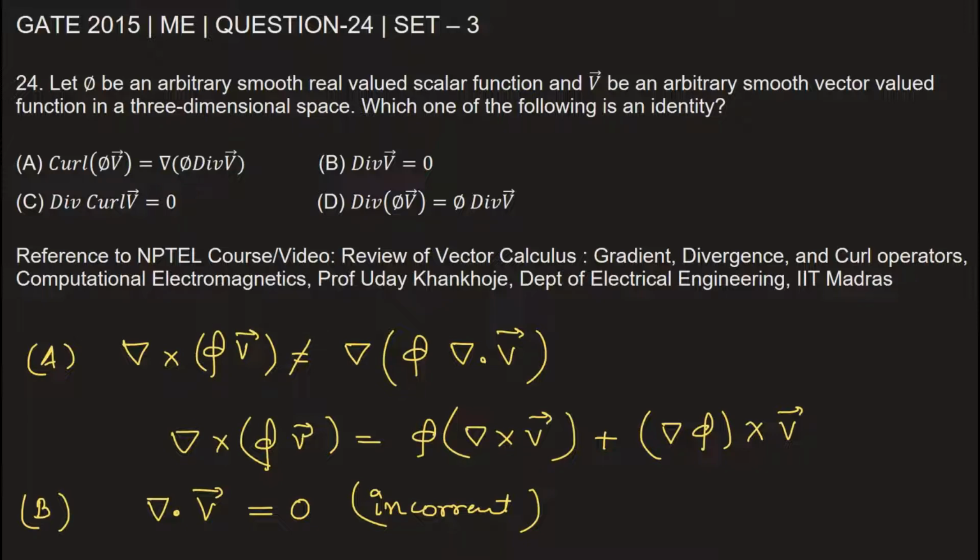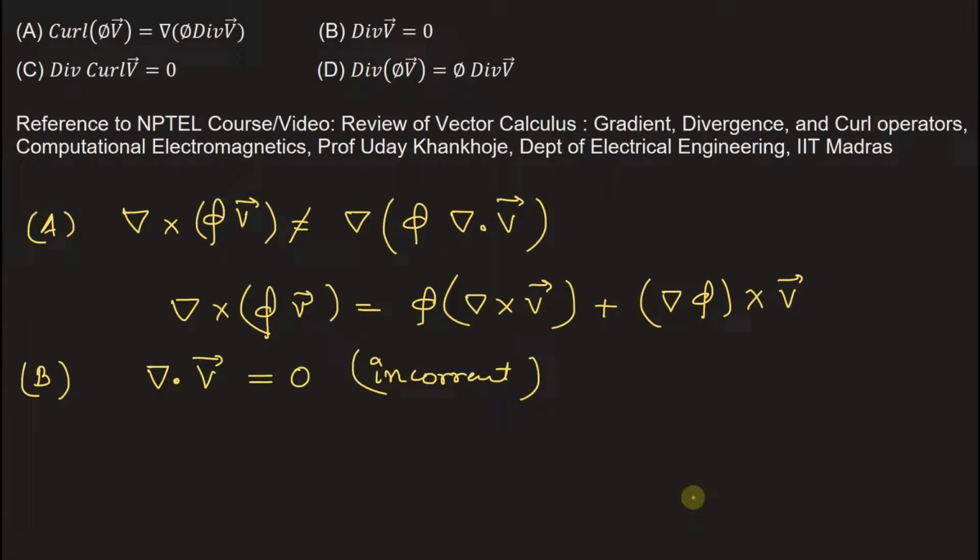Okay, now let's check option C. That says divergence of curl of v vector is 0.